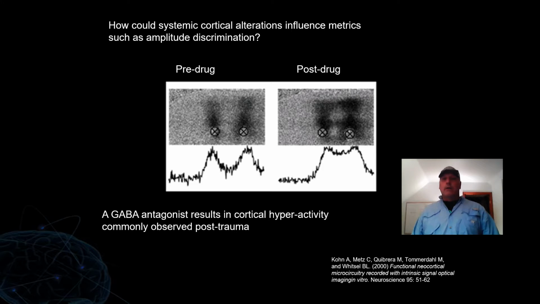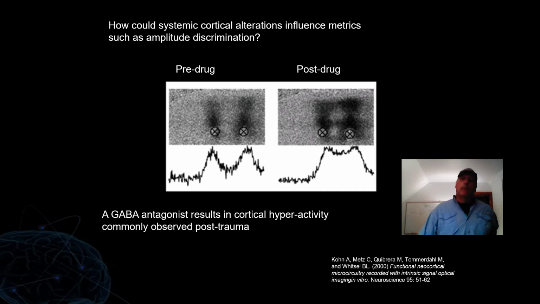Now, post-drug, those cells, you look at the histogram on the right, and it's no longer separated. But you see that those two areas of activation have now merged, and you can't distinguish them. So the drug that we gave in this is a very mild GABA antagonist.